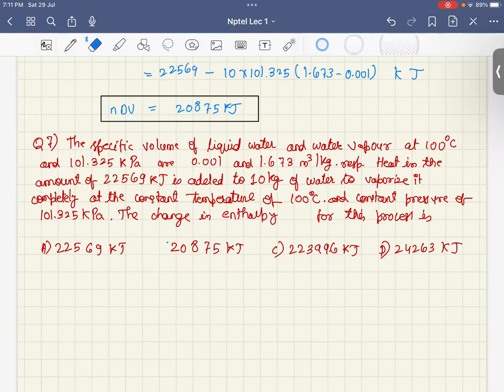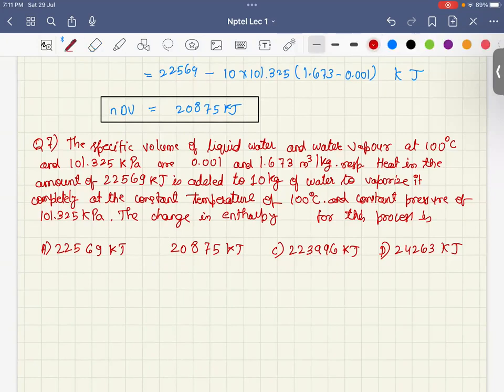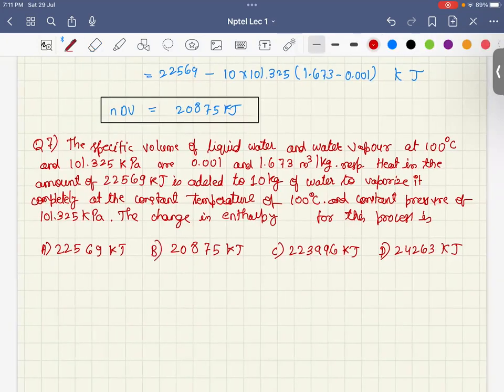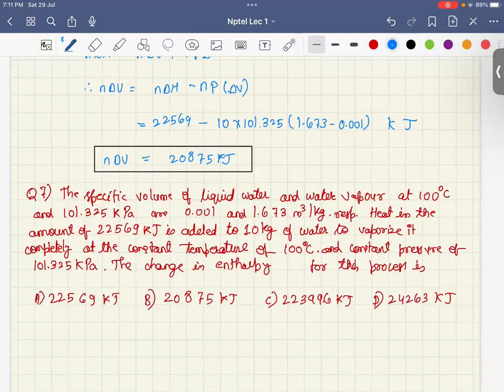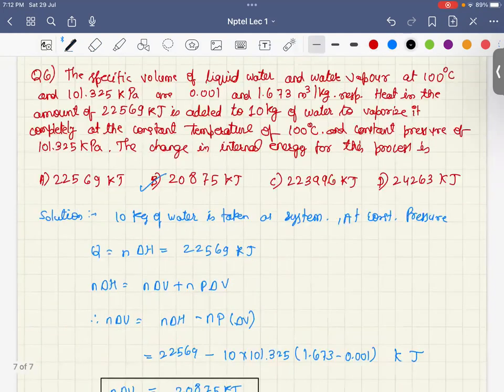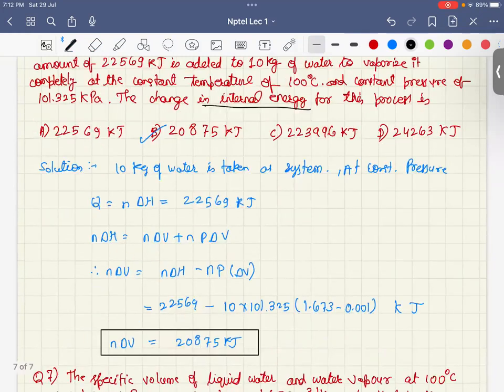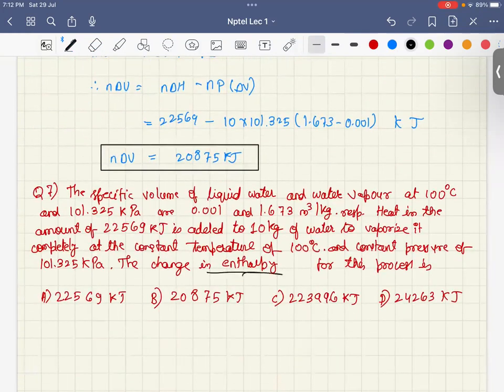Everything remains the same. Just instead of change in internal energy, we are going to ask for change in enthalpy. The options are going to remain the same. So what is the answer for that?